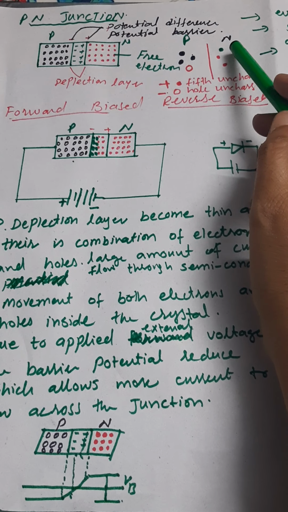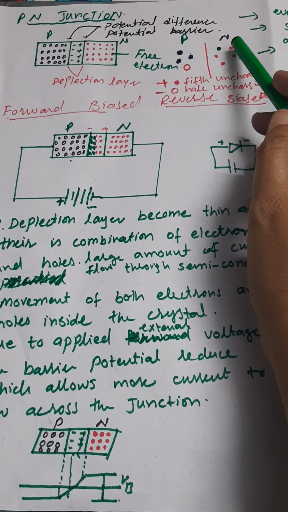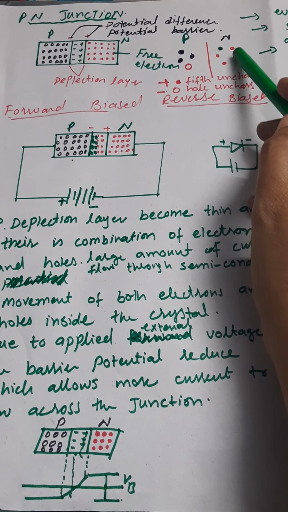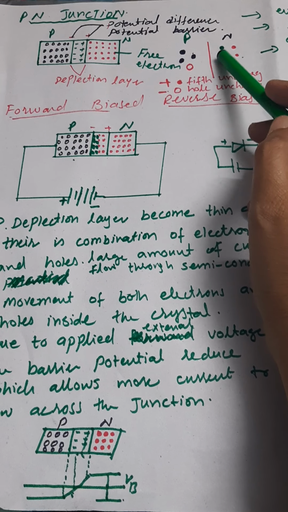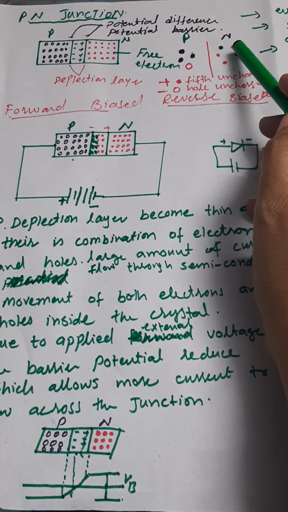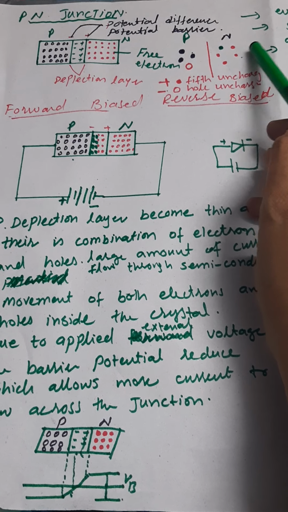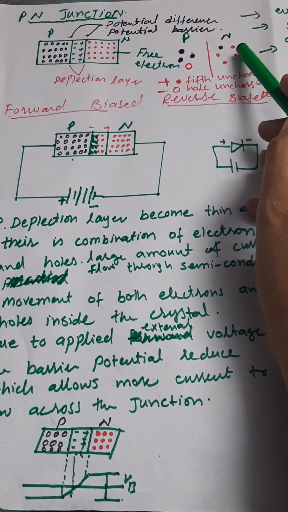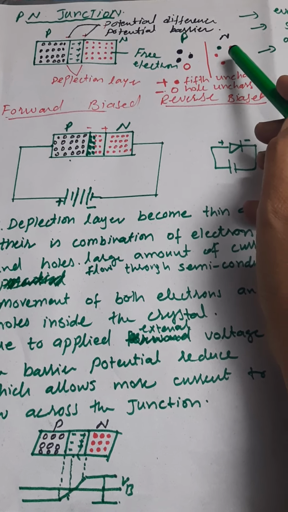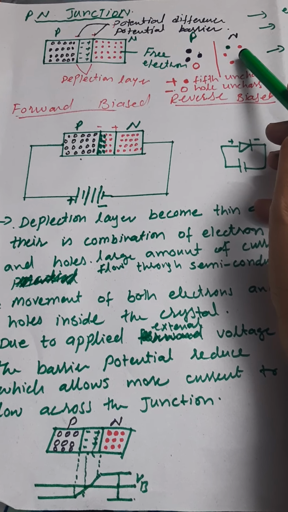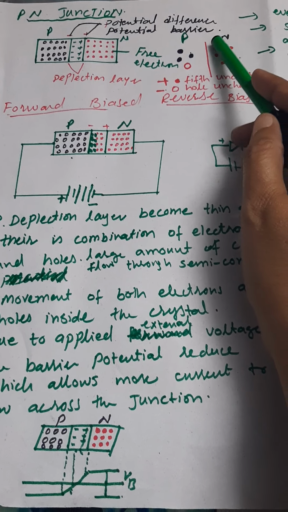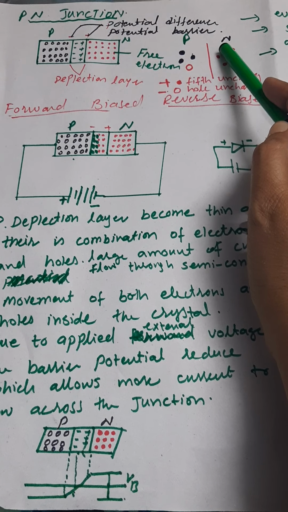On the N side we have pentavalent impurity; four electrons are shared with the germanium or silicon atom and make covalent bonds. Only one electron will remain here.